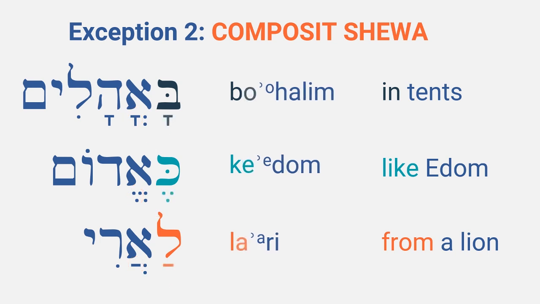And so we end up with bo'ohalim, because remember, a kametz before a chatef kametz is a kametz chatuf. If that's too fast, check out my video on the kametz again. Ke'edom becomes ka'edom. Admittedly a relatively small change in pronunciation, but hey, rules are rules. And we get la'ari for the final one.